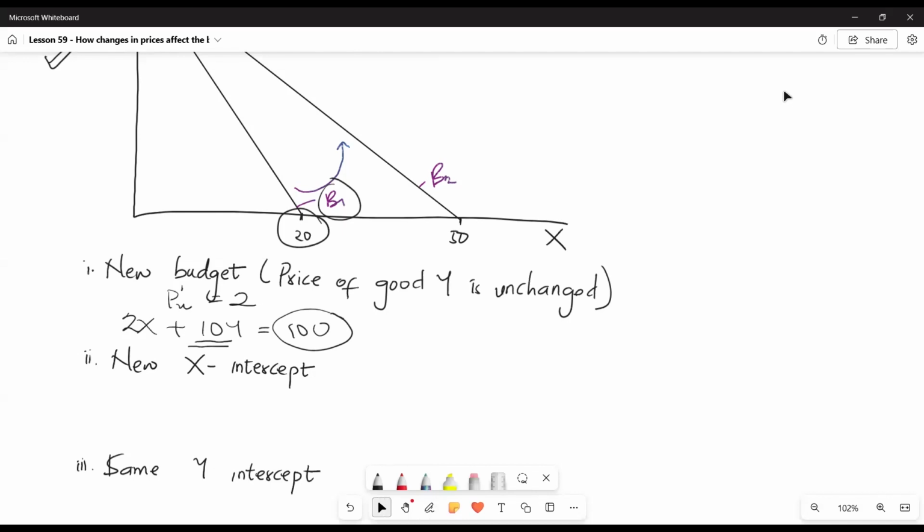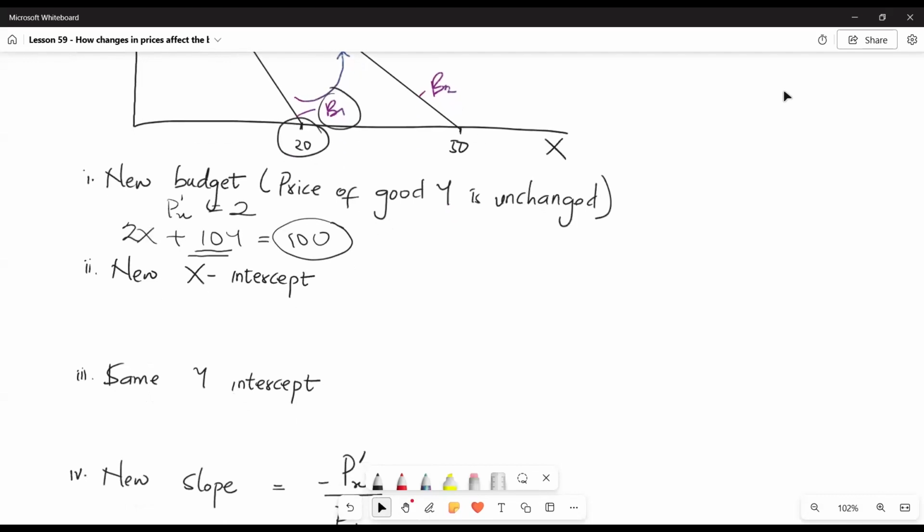So let's first start with our intercepts and then draw our budget line. Our new x-intercept, showing the maximum amount of good X that Ella can buy if she doesn't buy any of good Y, is 2x plus 10y, where y is now 0 because Ella doesn't buy any of good Y, equals 100.